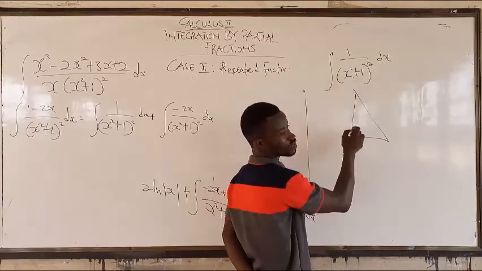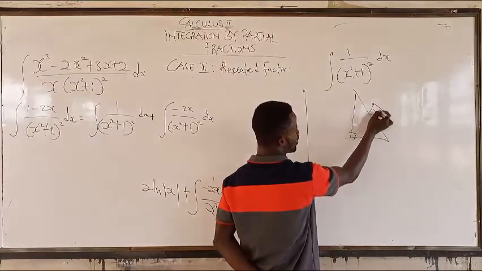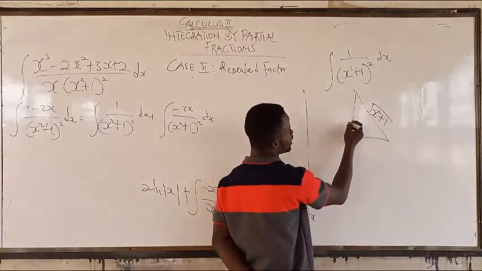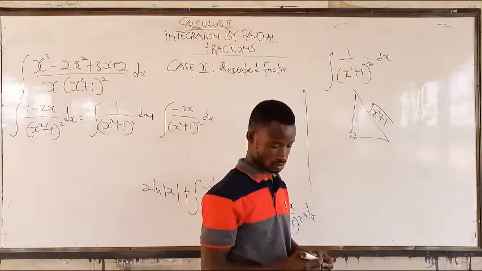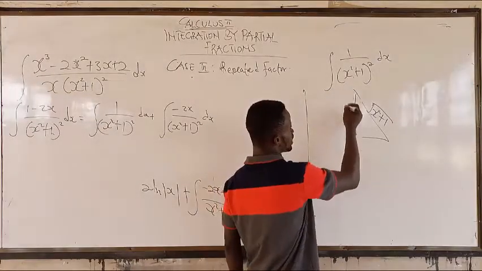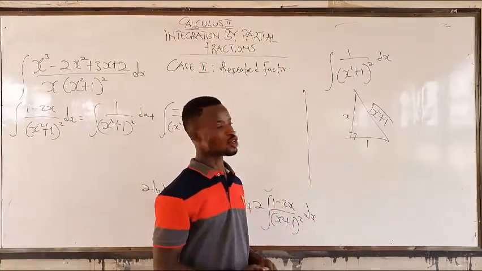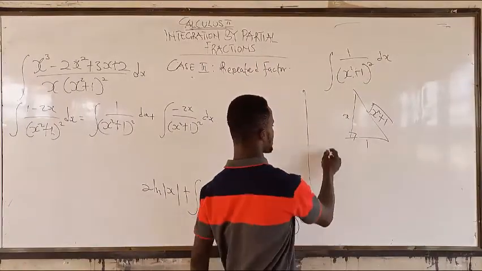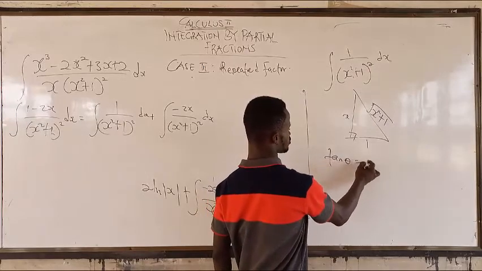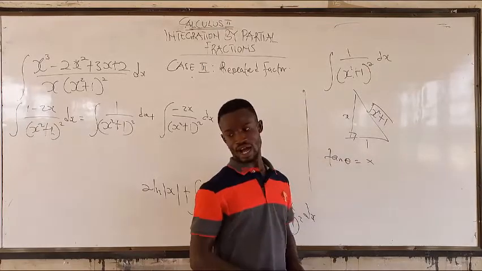This is positive, right? So we bring the square root of s squared plus 1. Then you know that here is going to be the s, here is going to be the 1. Very good. So here we get tan theta equal to s over 1.